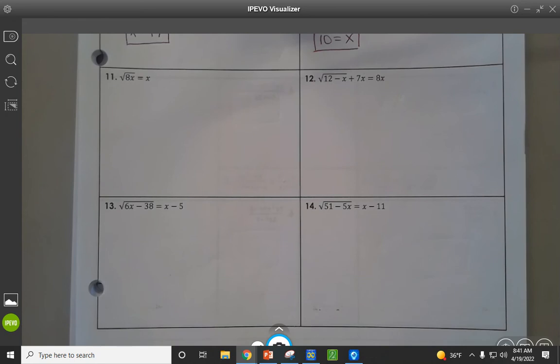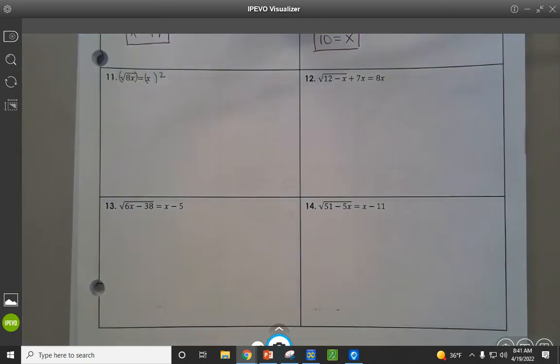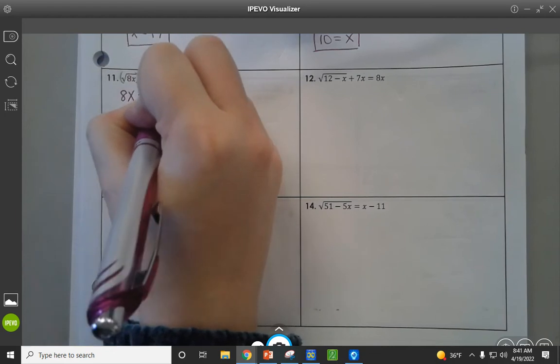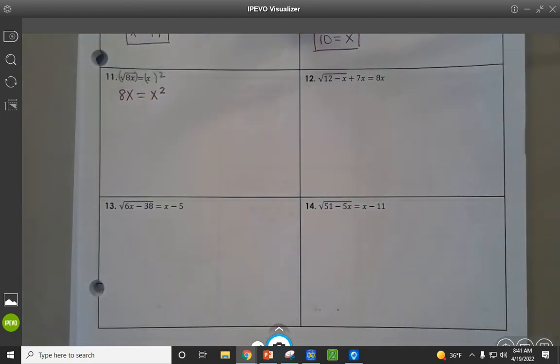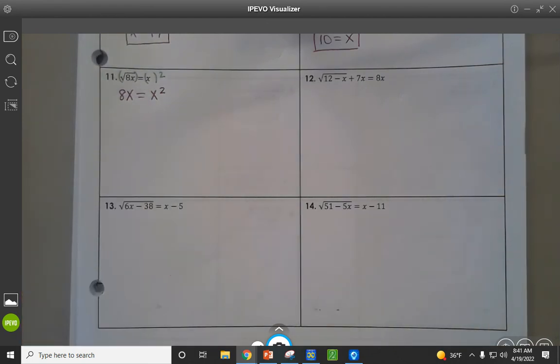So when we have an x squared, the way that we solve these is by getting everything to one side and then either factoring or doing quadratic formula. All of the ones that you get are going to be able to be factored. But if you just prefer quadratic formula, that works too. So we don't want a negative x squared. So we're actually going to move this 8x over to that side. And we would have 0 equals x squared minus 8x.